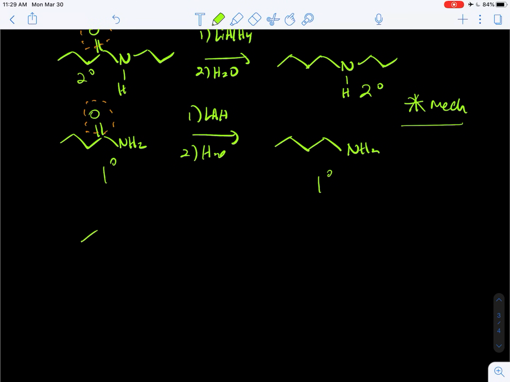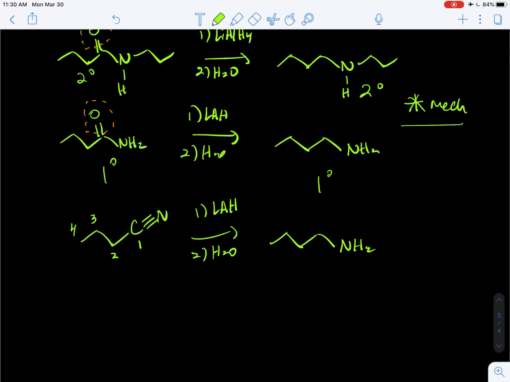Nitriles also react with lithium aluminum hydride to give amines. And I just wanted to make sure people understand and carefully look. This has 4 carbons. This has 4 carbons.